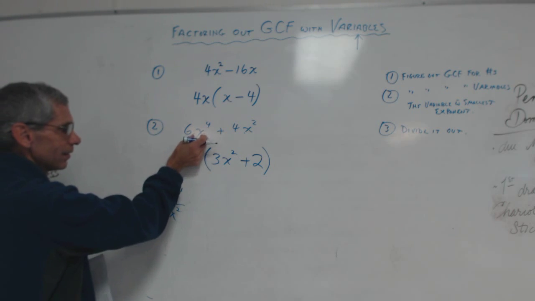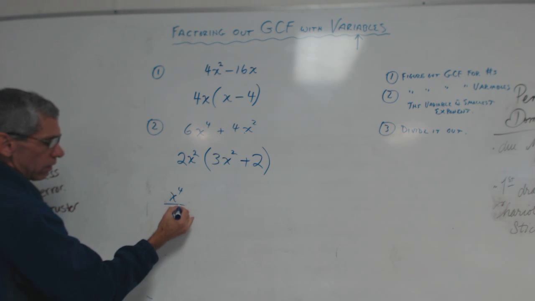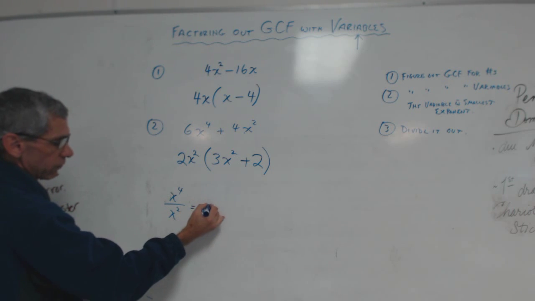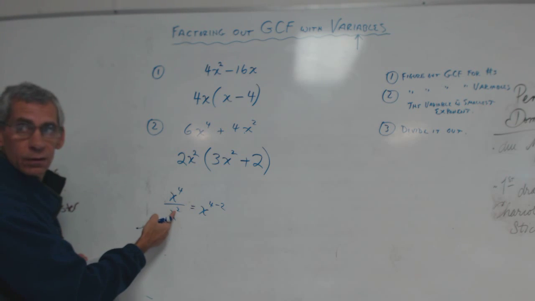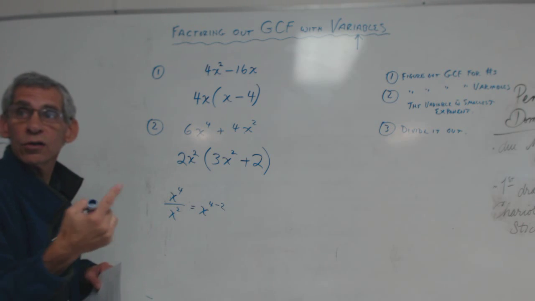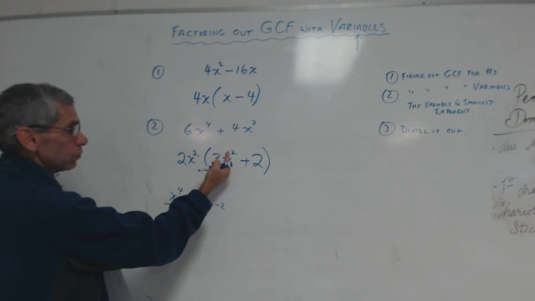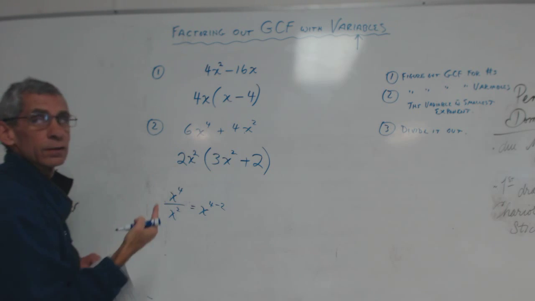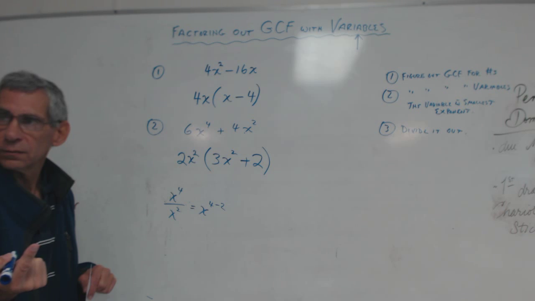I'm dividing this into this, and it takes away, basically, I just do 4 minus 2. And 4 minus 2 is 2. So I put x to the 2 there. And you can always just double check your work. X squared times x squared is x to the 2 plus 2, which is x to the 4. Works. Right? Am I losing you a little bit?